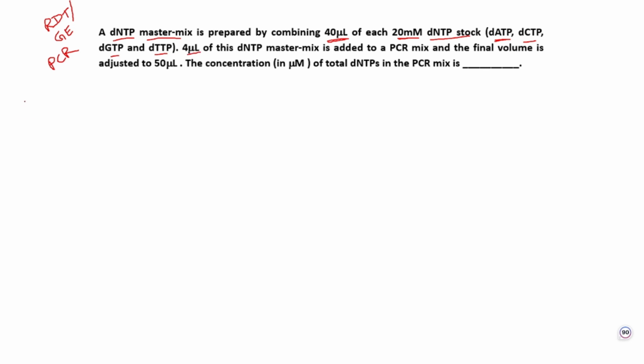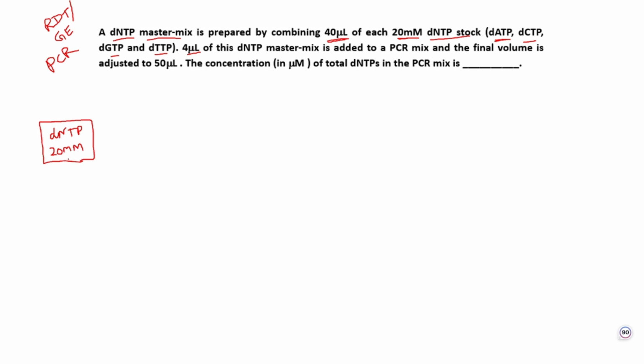So basically if I draw here, this is the dNTP stock, and the concentration of this dNTP stock is 20 millimolar. In this dNTP stock you have the four kinds of dNTPs.